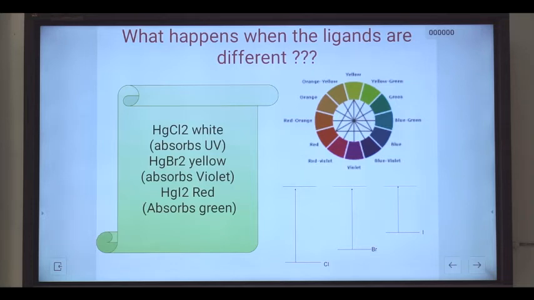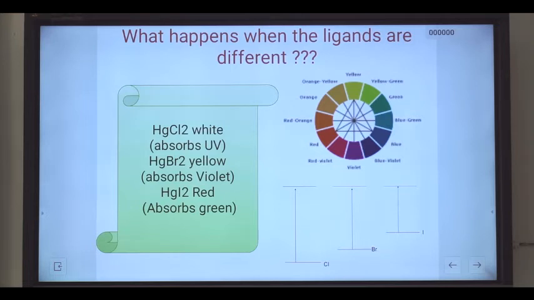So why does this happen? Like in the right side diagram, one is chlorine, next is bromine and other is iodine. So whenever the transition takes place from the ligand to metal, what will happen? It happens with the delta E, that is the distance between the ligand to the metal. In case of HgCl2, delta E is more, so that is why it absorbs the UV region or it is white in color.